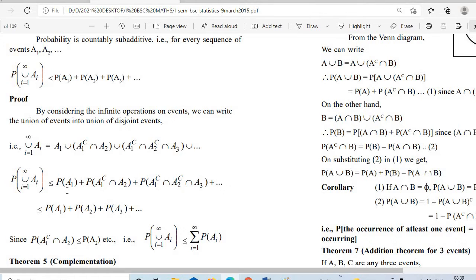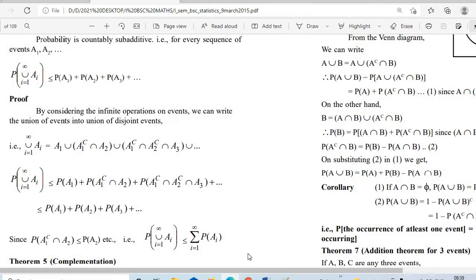Since they are disjoint, you can add these probabilities: P of A1 plus P of A1 complement A2 plus P of A1 complement A2 complement A3, etc. But you know that probability of A1 is probability of A1 itself.